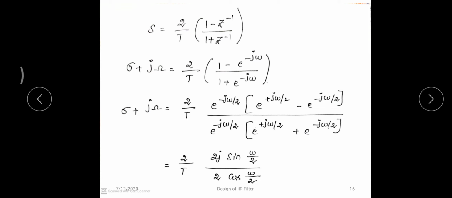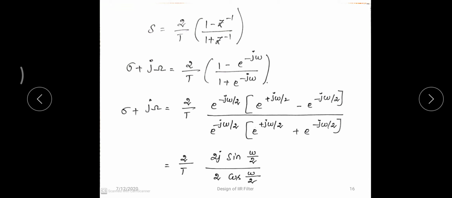Since we are considering the unit circle, the magnitude of r is equal to 1. So simply I have taken z is equal to e power j omega. Substitute the values of s and z. So sigma plus j omega is equal to 2 by T into 1 minus e to the power of minus j omega divided by 1 plus e to the power of minus j omega.